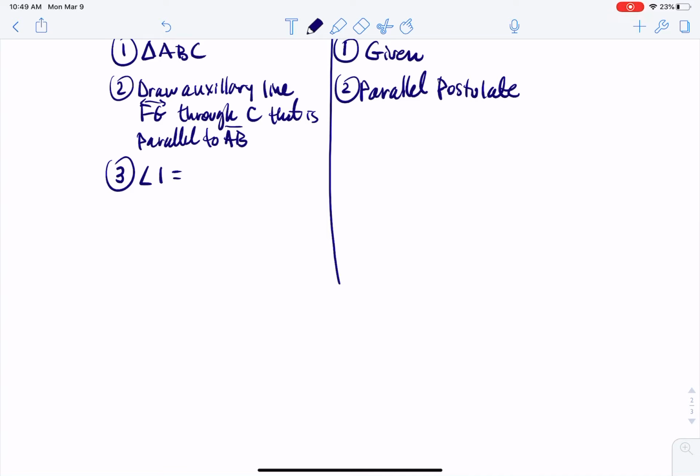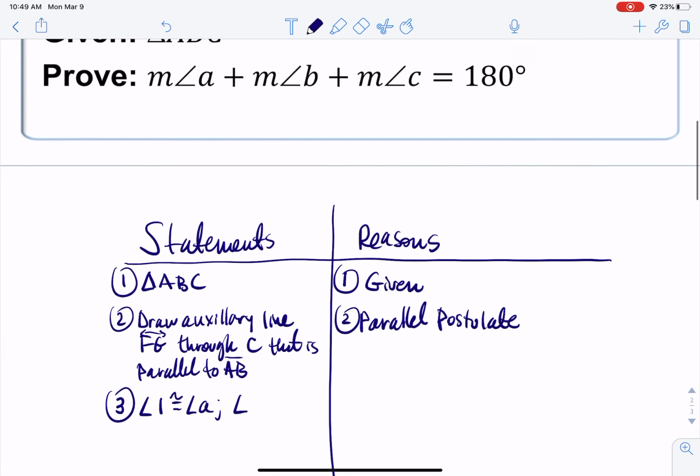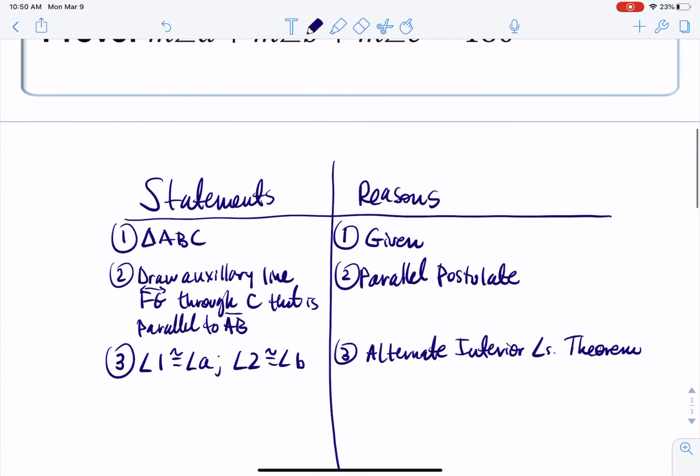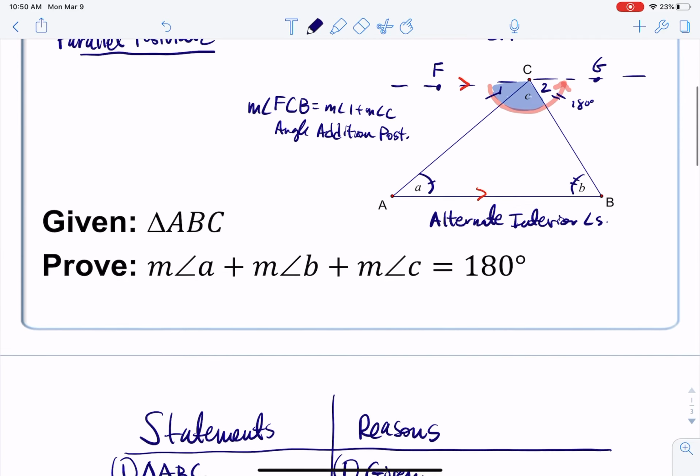Angle 1 is congruent to angle A, angle 2 and B. And that's based on the alternate interior angle theorem: if you have a pair of parallel lines cut by a transversal, then pairs of alternate interior angles are congruent.